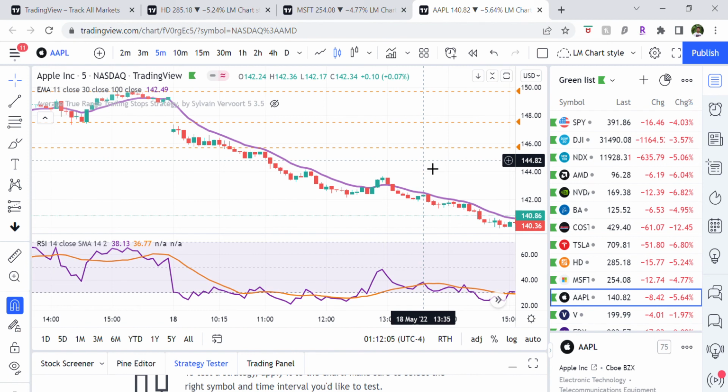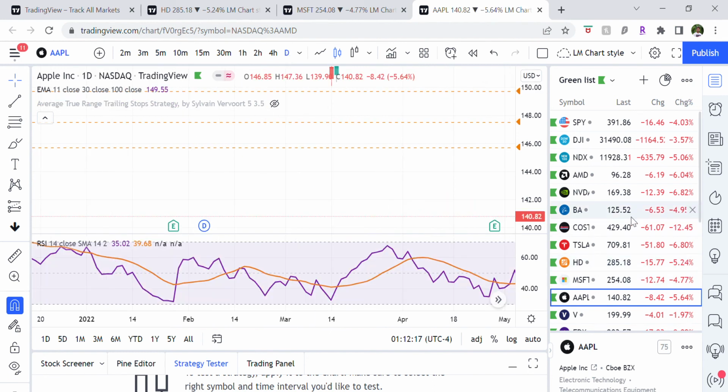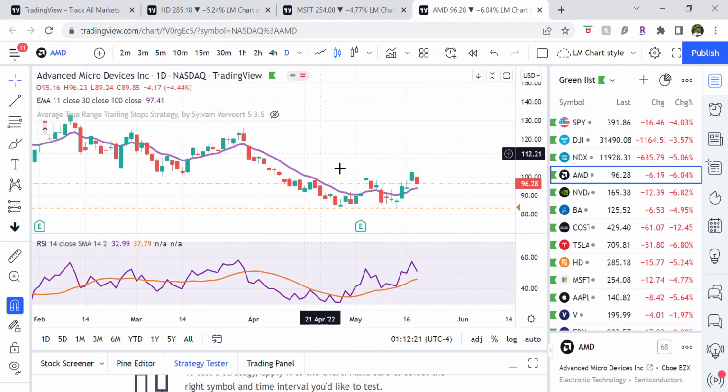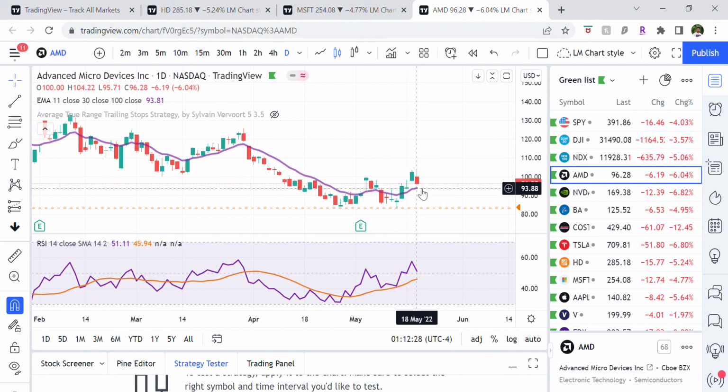For example, I had an up moving 10 EMA on AMD. I'll switch to day candles, and switch to AMD. You can see that it's a bit of an up moving EMA. So avoid taking puts for AMD currently.